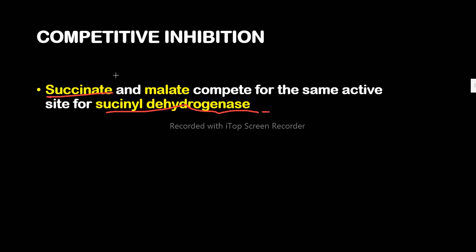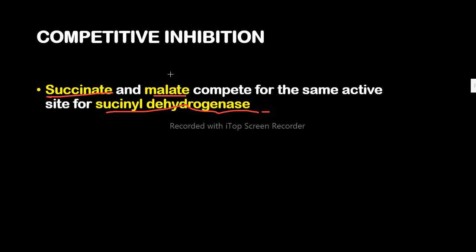It is the one that oxidizes succinate, let me not complicate, to fumarate, not malate. It is succinate, then fumarate, then from fumarate to malate, and then from malate to oxaloacetic acid.